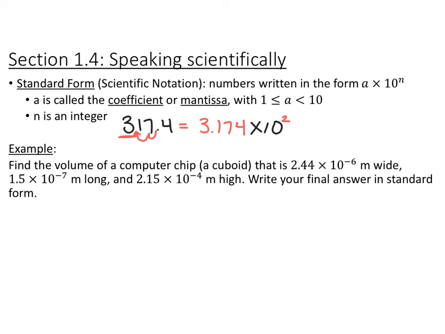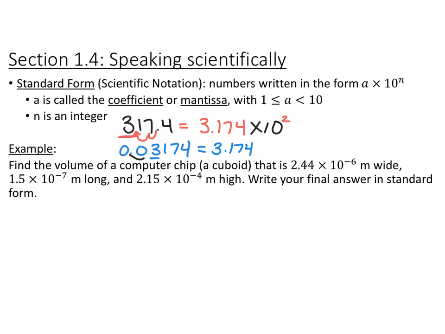Versus if you wanted something like 0.03174 and we wanted to write this in scientific notation, same thing. You find the first non-zero digit, which in this case would be the 3. Everything after that would be a decimal. And then how far did we move the decimal over?